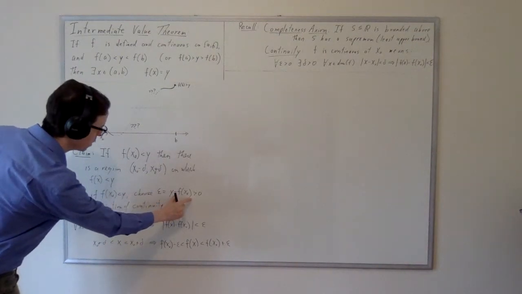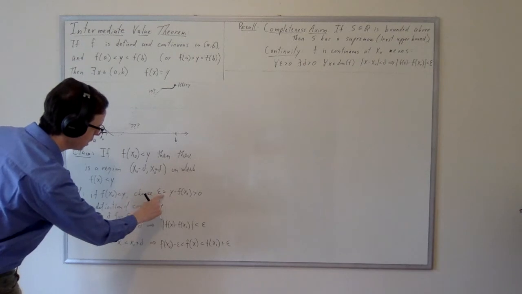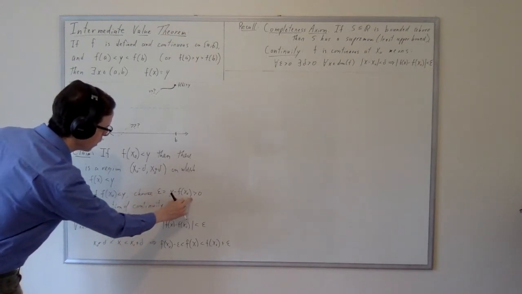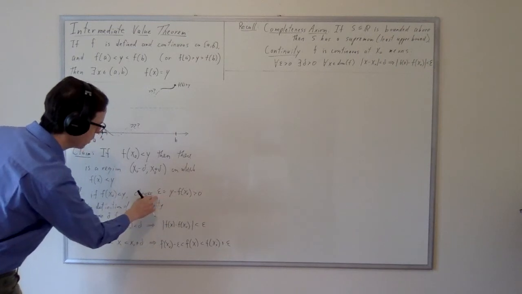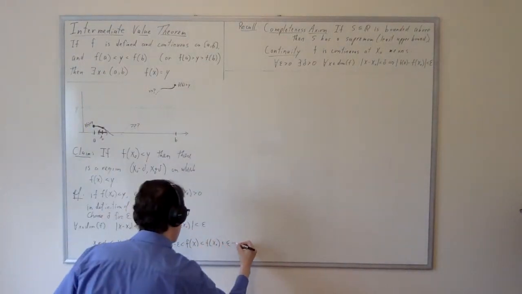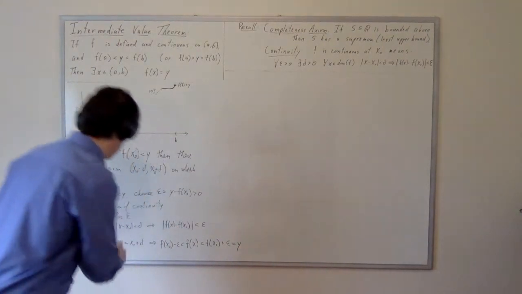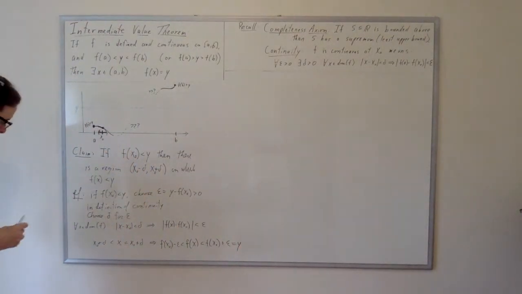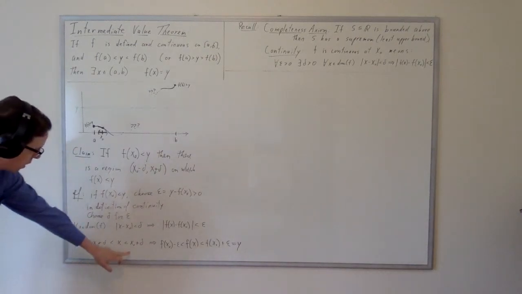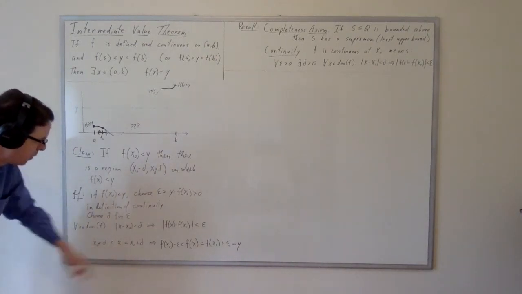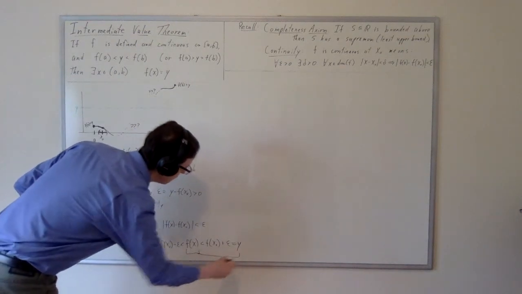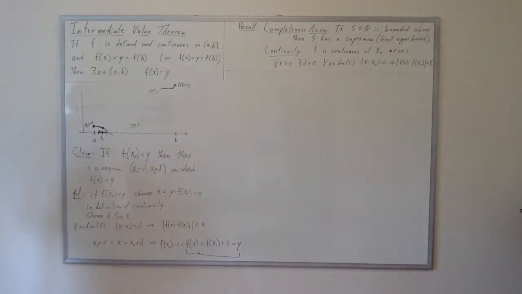We've chosen epsilon to be y minus f of x naught, right? So if you take this f of x naught and add it to both sides, f of x naught plus epsilon is y. So now let's read this and see what it tells us. It tells us that whenever x is between x naught minus delta and x naught plus delta, then, among other things, f of x is less than y.